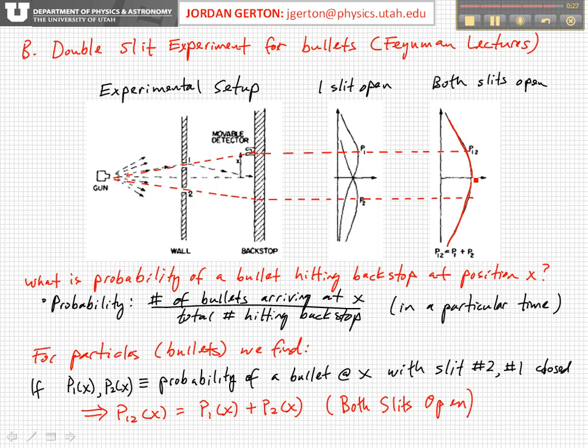It has a peak in the middle and drops down, and the exact shape depends on how far apart the slits are and some other factors, but for this geometry, this is what you'd get. And so for particles, in this case bullets, we find that the probability of finding a bullet at a particular position x is just the sum of the 2 probabilities that correspond to one slit being closed.